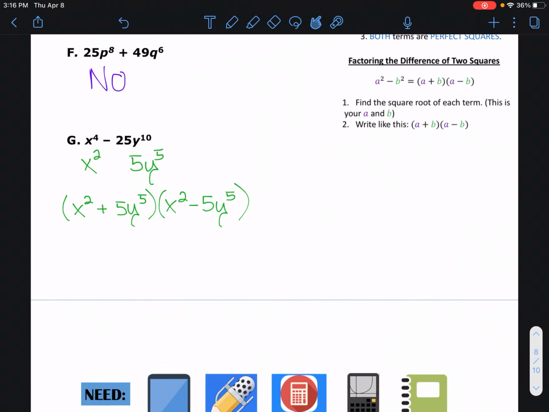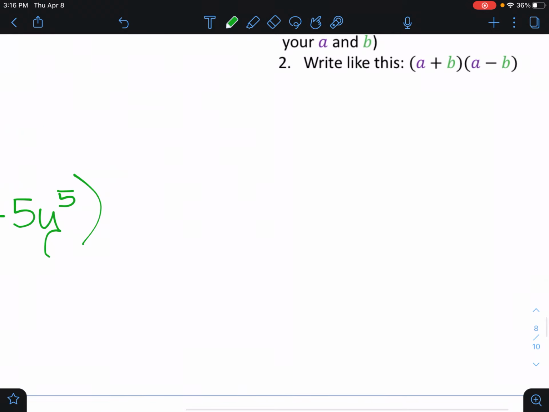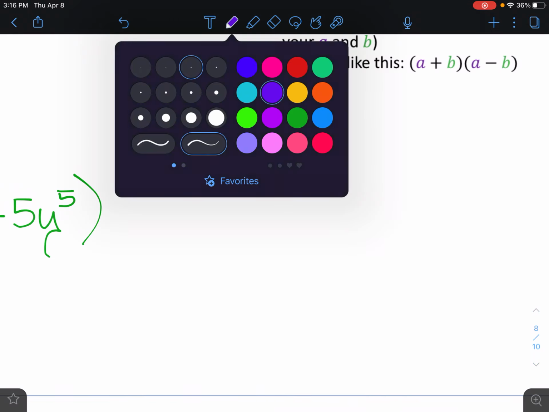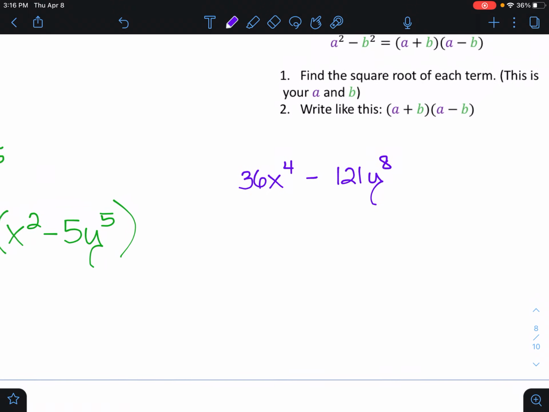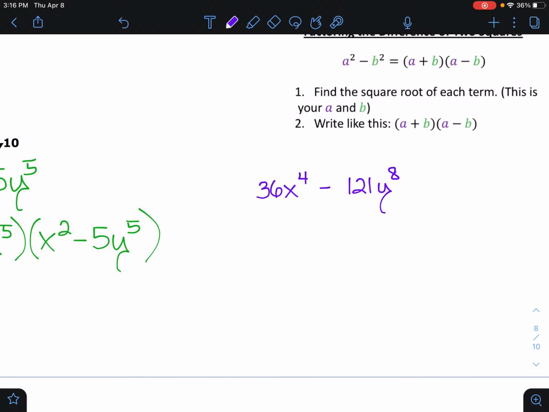Maybe try one more. I'm just going to do one more here in case we're a little off. Okay, so now this one is two terms. It's subtraction. Now let's see if they're perfect squares. 36 is a perfect square. X to the fourth is a perfect square. 121 is a perfect square. Y to the eighth, an even exponent.